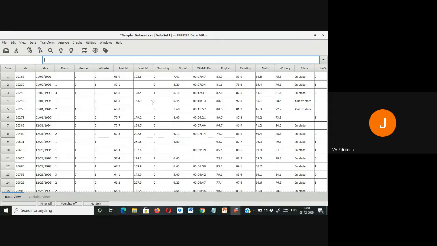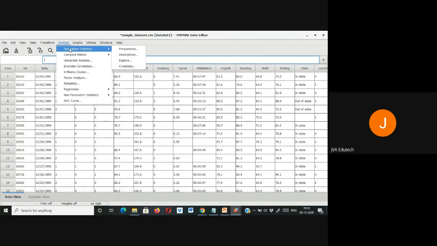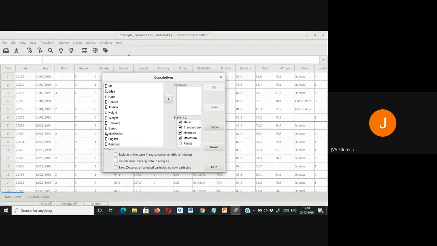Before doing this test, let's check the nature of this data set through the descriptives. So analyze, descriptive statistics, and go to descriptives. We have taken height: mean, standard deviation, minimum, maximum. You can check.